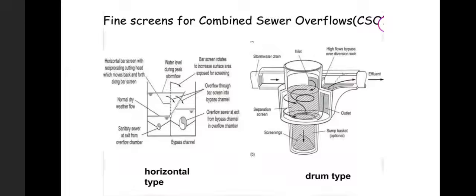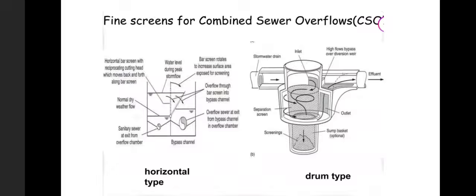In the drum, a screening bar is provided at the bottom, and a separate screening chamber is provided in the middle. In the middle part, we create a vortex flow, that means a typhoon is created with the help of a mechanical device. This typhoon causes the suspended particles to settle down at the bottom, and the clarified water is sent out at the top. Later, on the right side we can see the effluent, that means effluent water will be thrown out.